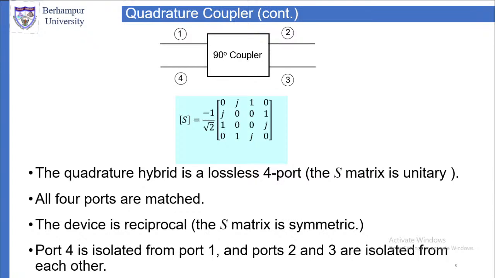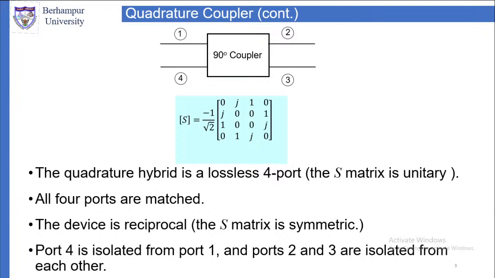If it is lossless, then you know a lossless device has an S matrix which is unitary. So the quadrature hybrid will always have a unitary S matrix. It will be a 4 cross 4 S matrix because we have 4 ports here. All 4 ports are matched.